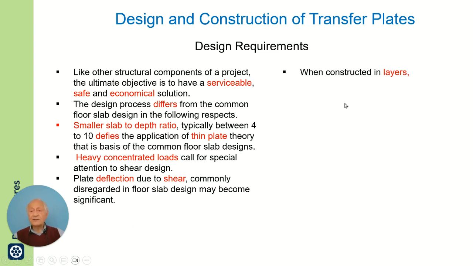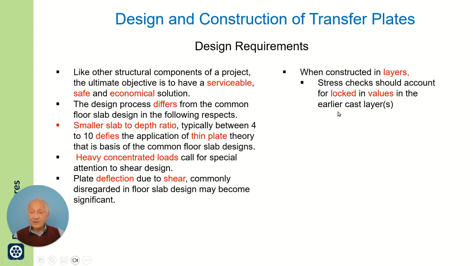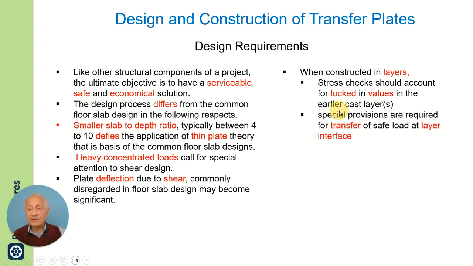When constructed in layers, like 2 or 3 layers, we also have had examples of constructing a transfer plate in 3 layers, then the question of stress checks comes up, which should account for locked-in stresses in layers that were previously cast.